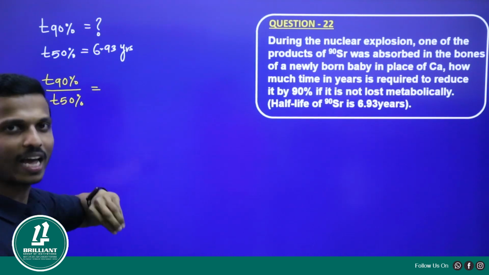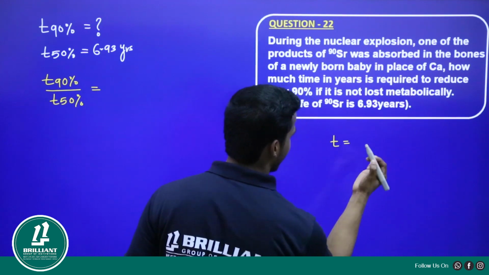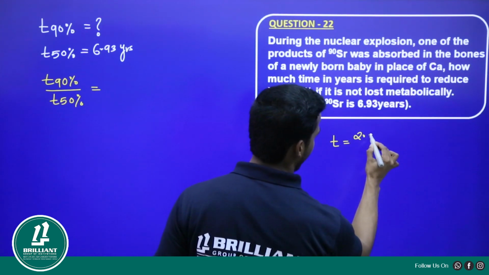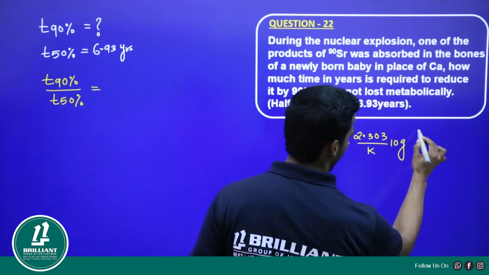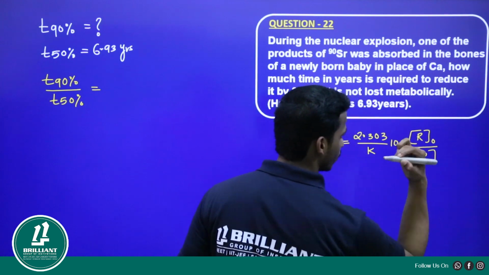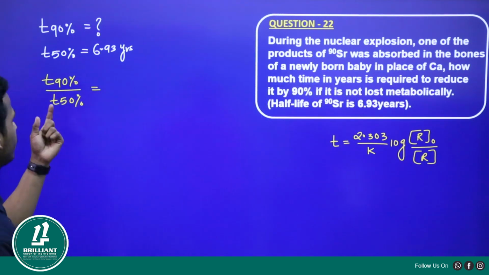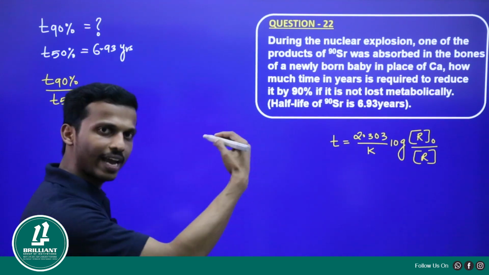How do we find the time for a first order reaction? For a first order reaction, time is equal to 2.303 divided by K into log of initial concentration divided by final concentration. While taking T by T, 2.303 by K will be cancelled, right?